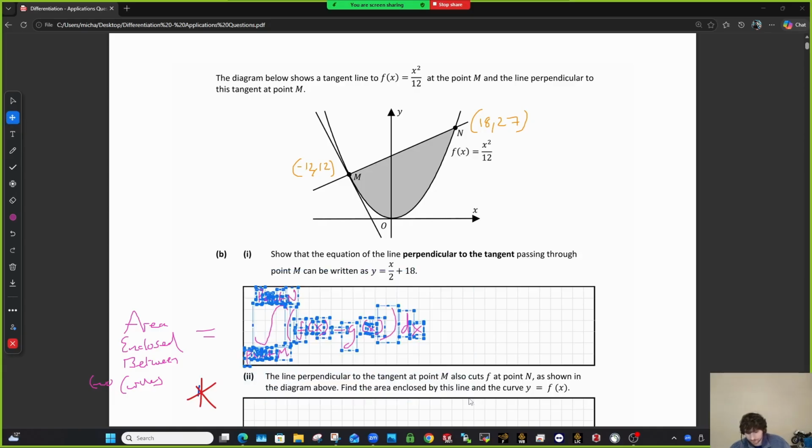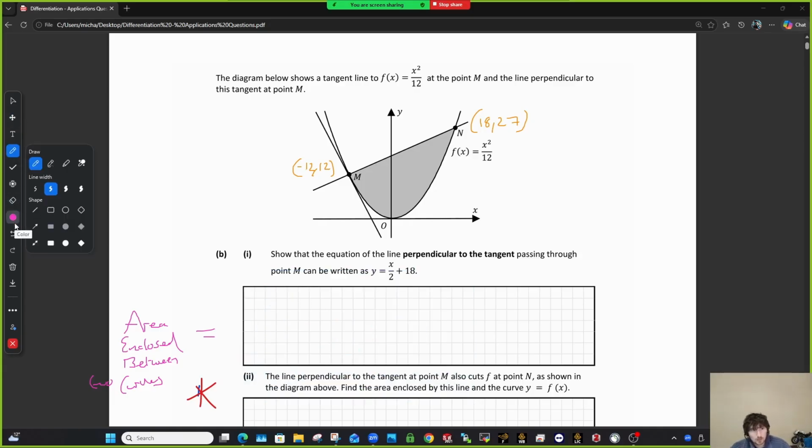So let's do this. So what we do, though, first the curve that you always take away from the other, whoever's the tallest one. So you can see the line is the taller one, and it's the quadratic that's underneath it, okay? So what we do here, and we're going to integrate, it's always between the x values. So this guy's x value was minus 12, and this guy's x value is a plus 18.